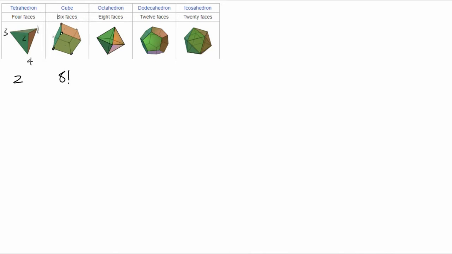Let's say we have this labeling 1, 2, 3, 4, 5, 6, 7, 8. We can count the number of times this labeling is overcounted by counting the number of ways that we can view this cube such that this labeling occurs.